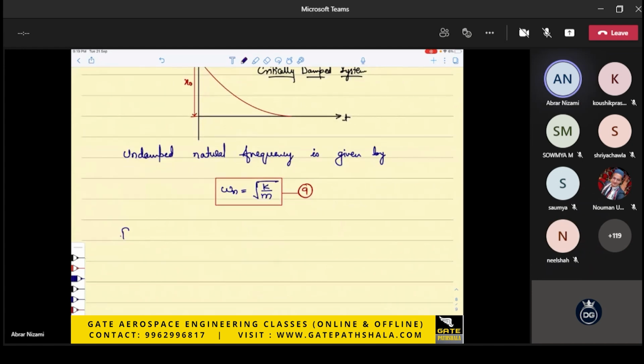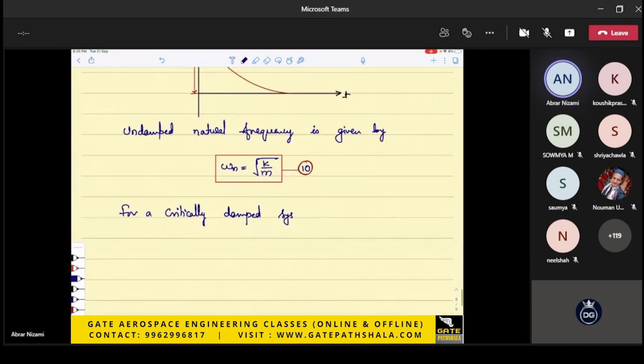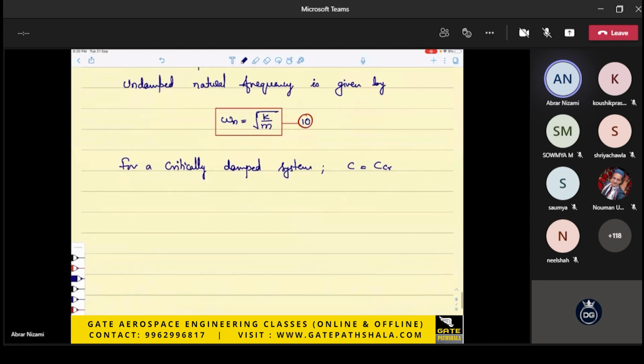Right. For a critically damped system, call it equation 10. The damping constant is equal to the critical damping coefficient. Let xi denote the damping ratio.